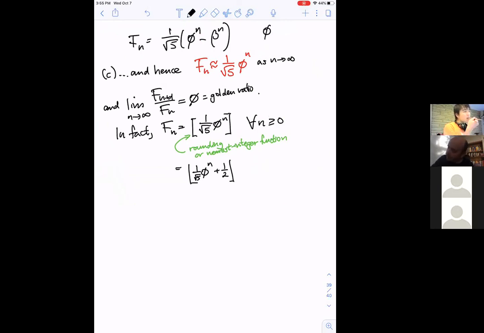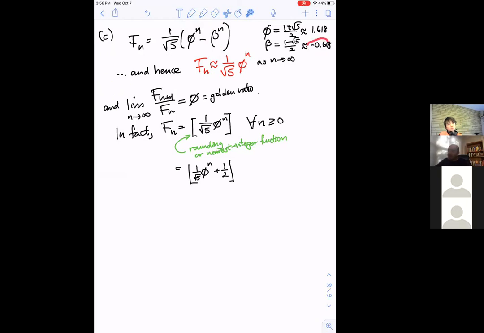The point here is simply to say that the limit as n goes to infinity of this term is 0 because it's smaller in absolute value than 1.